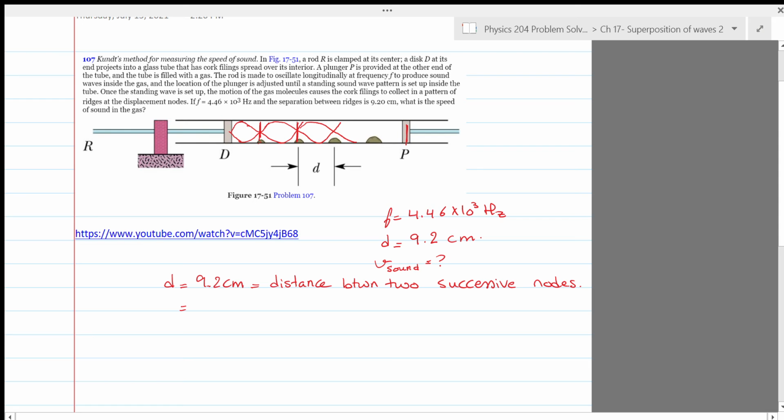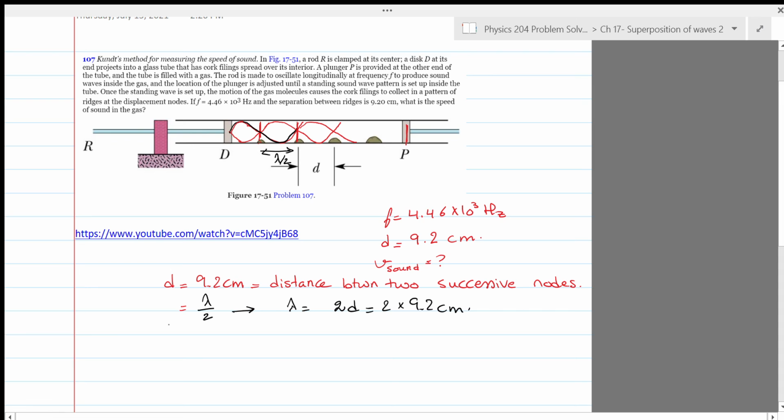And if this is the distance between two successive nodes, we can observe that for any two nodes, the distance between them is actually equal to half the wavelength, because this is a full wavelength. So this is going to be equal to lambda over 2. And so from this distance d, we can find lambda, which is 2d, which is 2 times 9.2 centimeters.